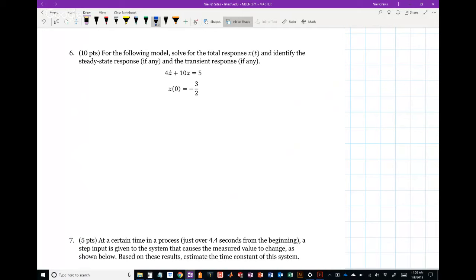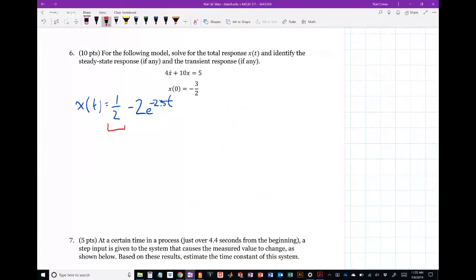This was, we'd said x of t is 1/2 minus 2e to the negative 2.5 t.